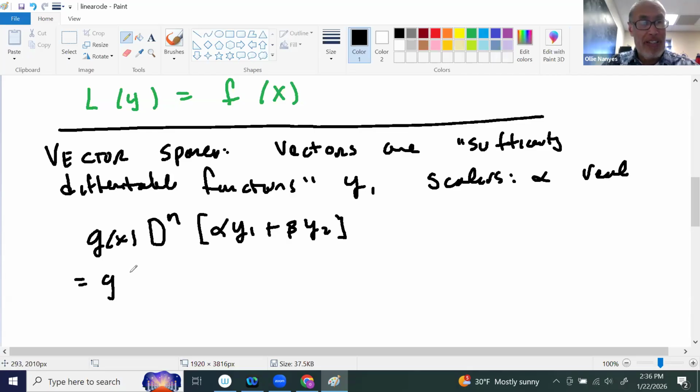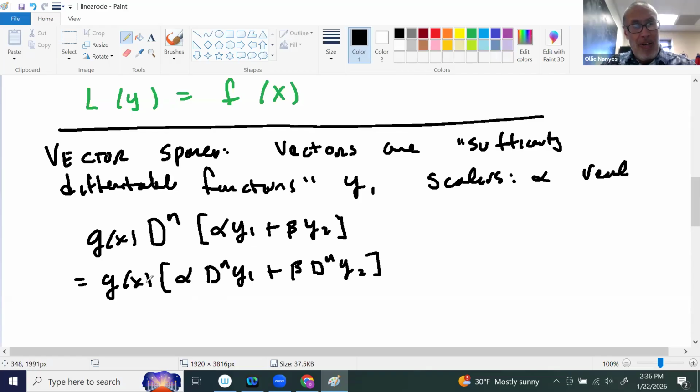Well, first of all, you take the nth derivative. You've learned that the derivative of a sum is the sum of the derivatives, and these are scalars. So this will be this, Dn y2. And then we can multiply through by g of x.